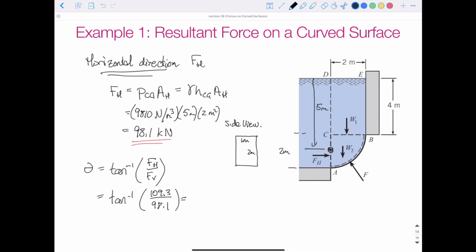And this would give us 48 degrees. So that 48-degree angle is this angle here, an angle from the horizontal.